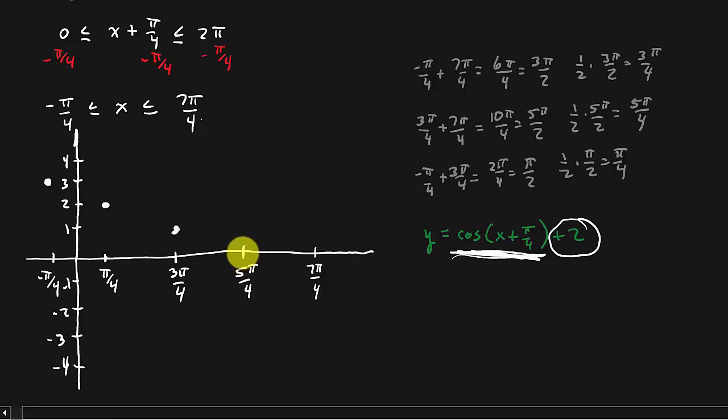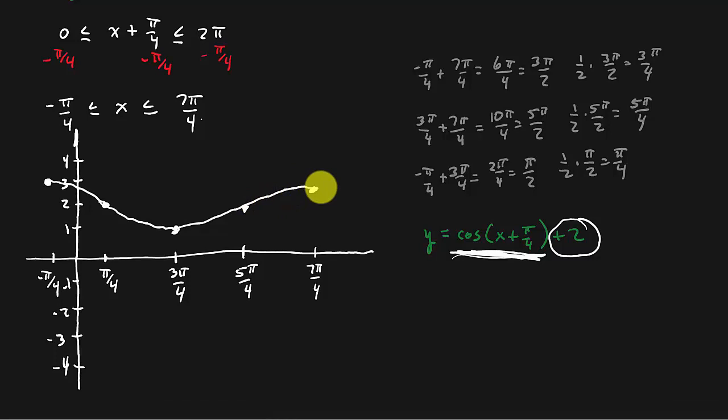And then cosine goes back to 0, but that's going to knock it up 2 units. And then cosine goes back to its maximum, which is 1, but that plus 2 is going to bump it up 2 units. And so our cosine is going to look like, and no, it's not going to look that flat. Okay, it's probably not going to look that flat, but you get the idea of what to do.